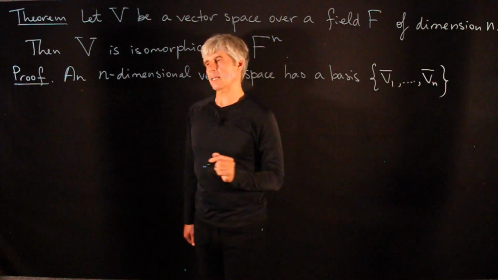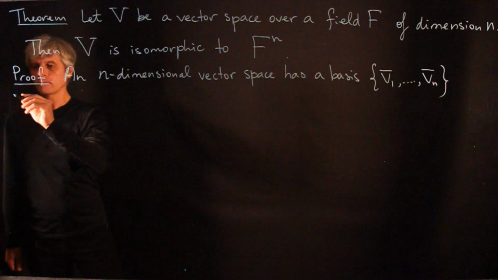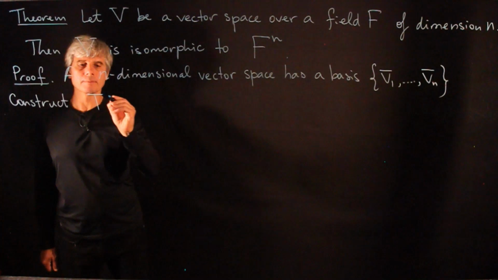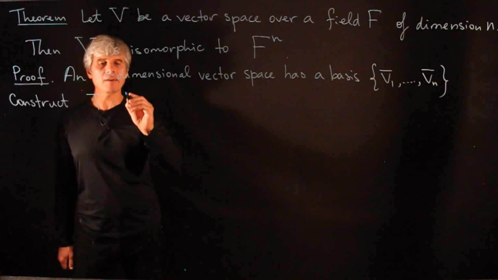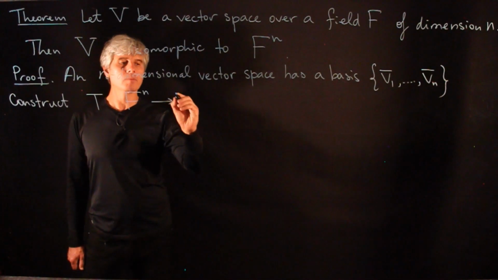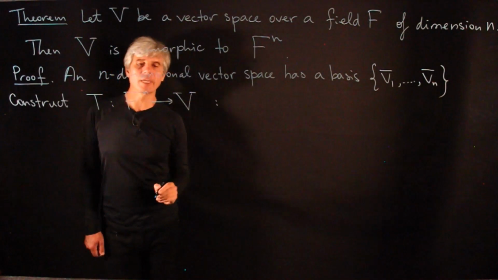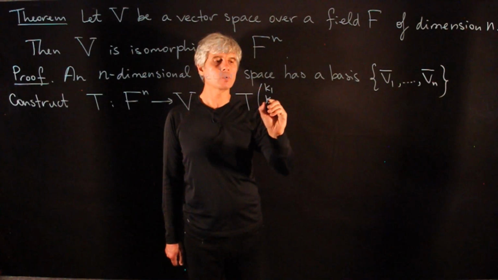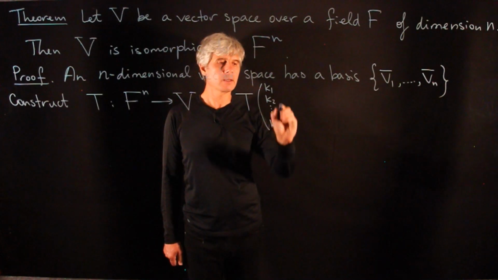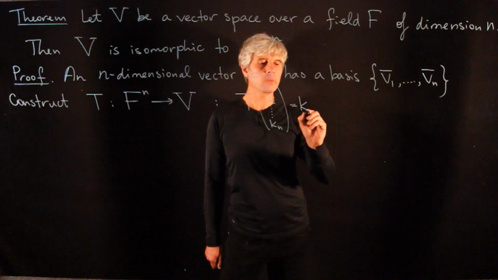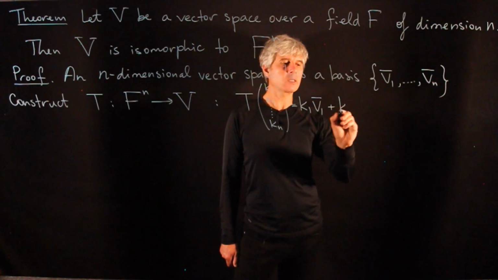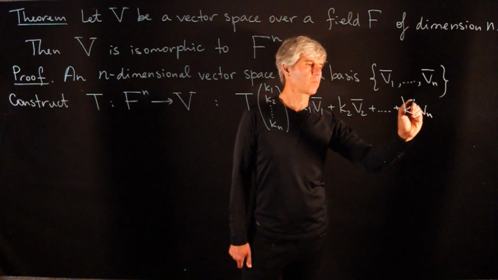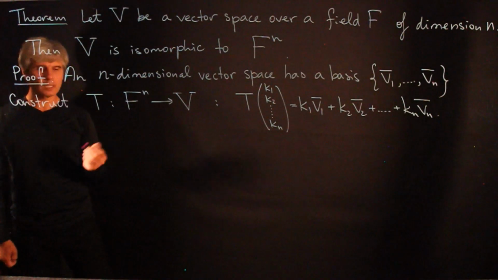Now we fix this basis and we construct a map T from Fn to V in the following way. We say that T of (k1, k2, ..., kn) is equal to k1 v1 plus k2 v2 plus ... plus kn vn.